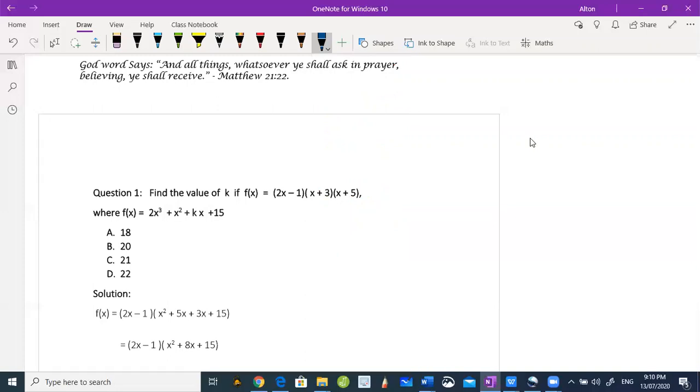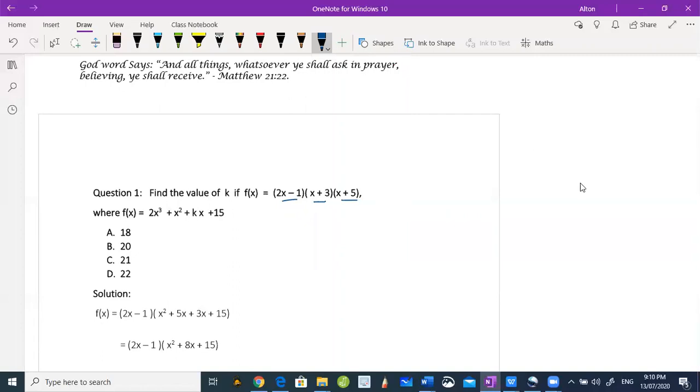This value is k. f of x is defined as 2x cubed plus x squared plus kx plus 15. And we are also told that f of x is equal to 2x minus 1, multiplied by x plus 3, multiplied by x plus 5.